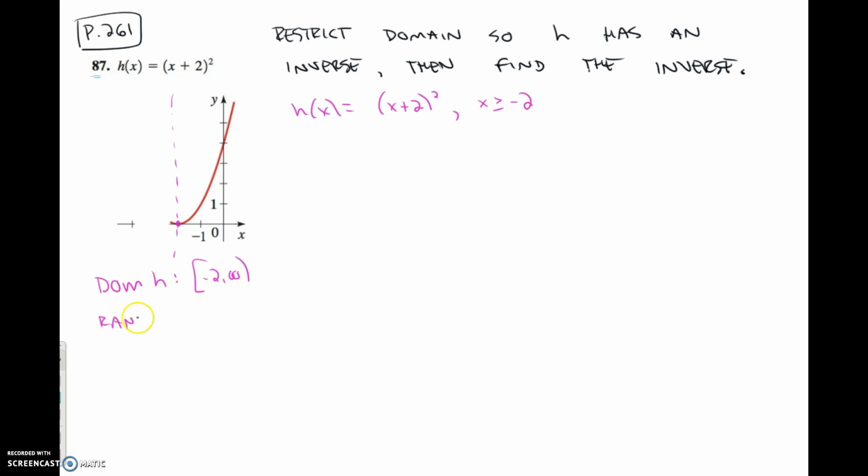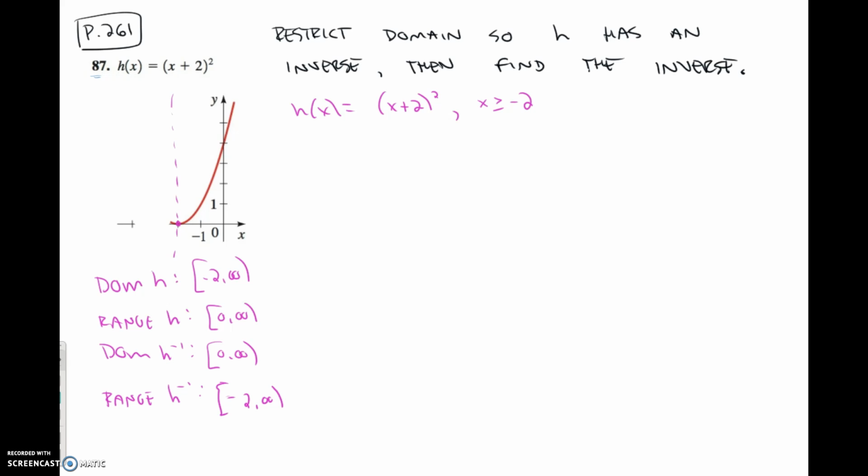The range is 0 to infinity. Therefore, the domain of the inverse, remember you switch the domain and range, is the same as the range of the original, and the range of the inverse is the domain of the original. Okay?